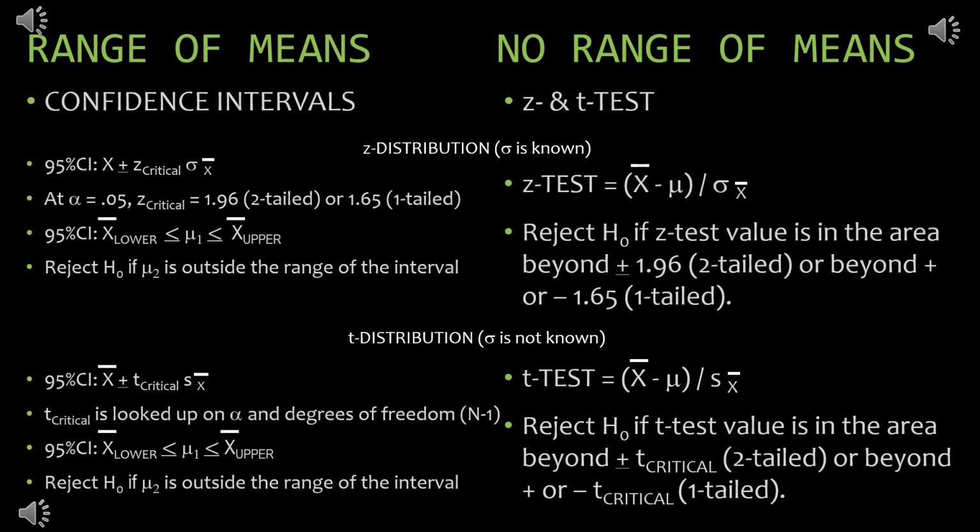We're going to use a confidence interval if the researcher asks for a range of means, and a z-test or a t-test if she doesn't. Remember that the z-distribution is used to find z-critical, and the t-distribution will be used to find t-critical. But once we get z-critical or t-critical, the process is the same.